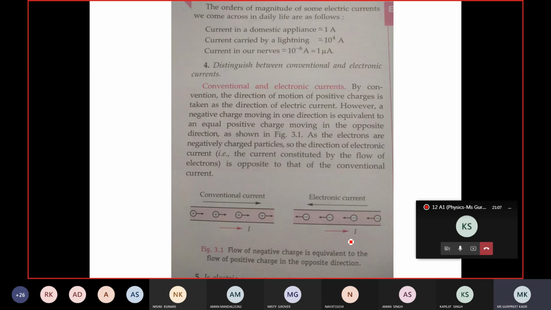So automatically, if electrons are moving from right to left, the positive charge, that is the vacancy, will be moving towards the right hand side. So electronic current is due to flow of electrons, and the conventional direction of current is the direction of positive charge, that is the vacancy created by an electron, and vacancy is a seat of positive charge.